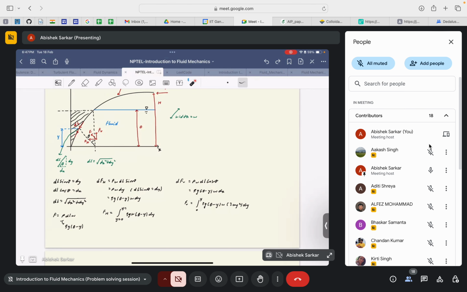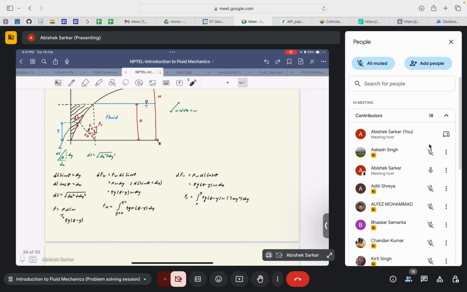The depth of this elemental area: if the center of gravity of this elemental area is at y, then the depth would be a distance of d minus y, right? D minus this length will give you the depth of this area. So the pressure force that acts on this area would be rho g times d minus y into the area, that is dl into w.